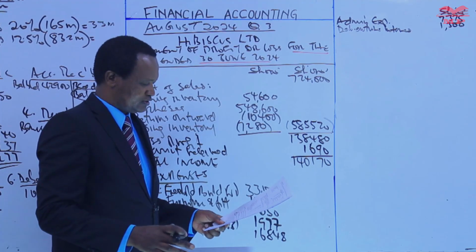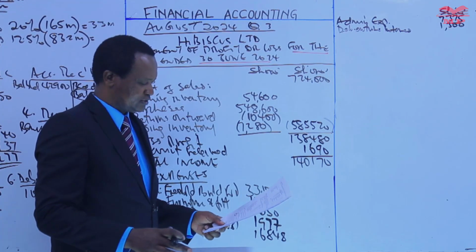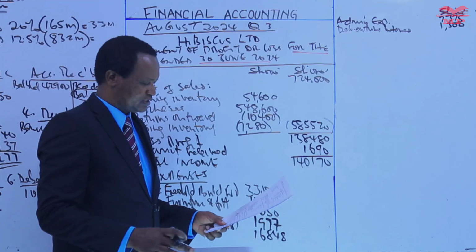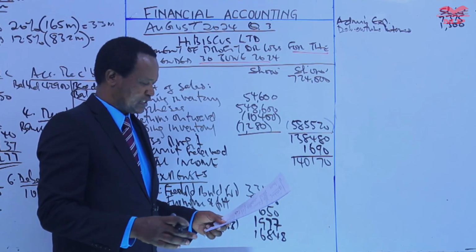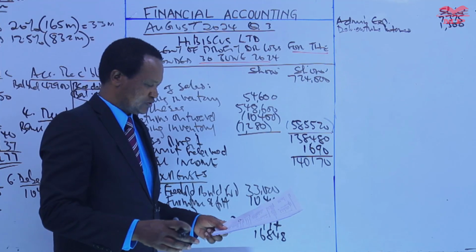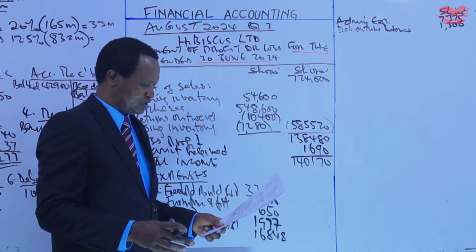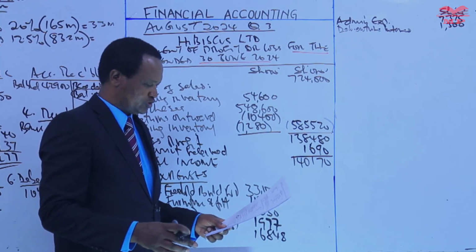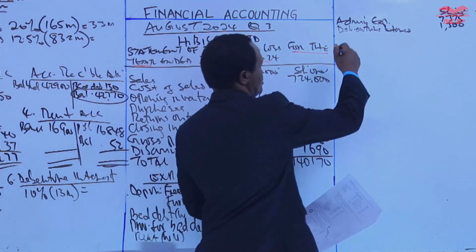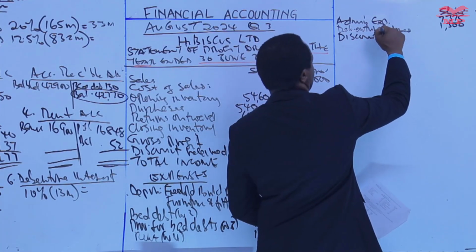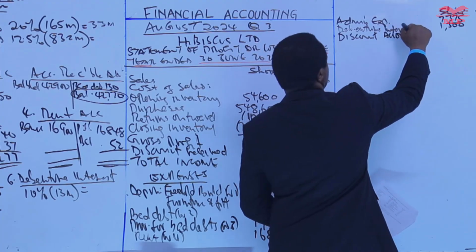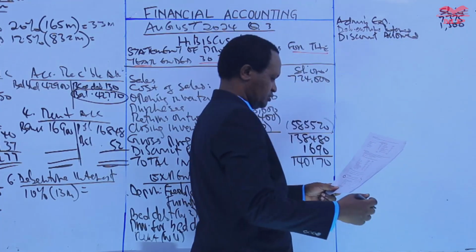Look at the trial balance. Just below purchases, we have discounts allowed. So the discount allowed is how much? Is it 650?